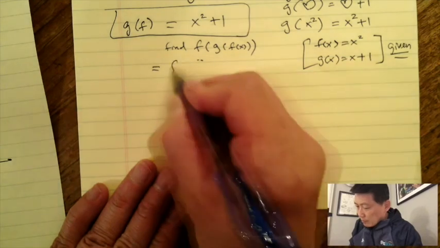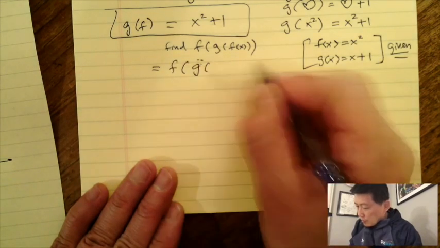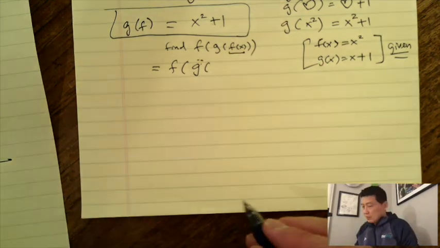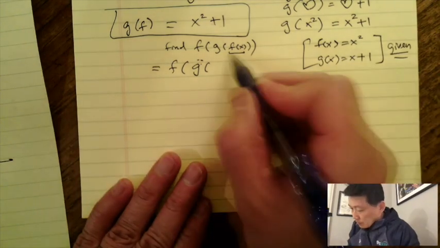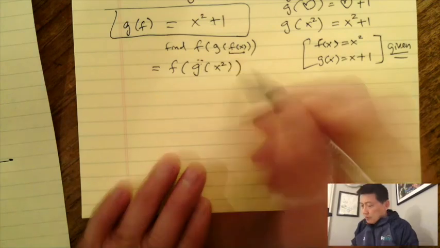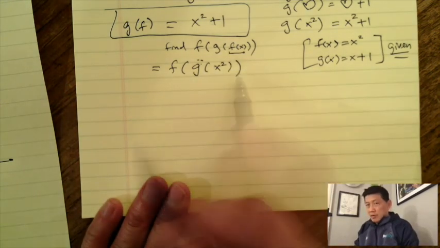So write out what's outside. f of g, nothing's changed, but let's change the f of x. Well, f of x is given as x squared, so I will replace this as g of x squared. So now it's f of g of x squared.